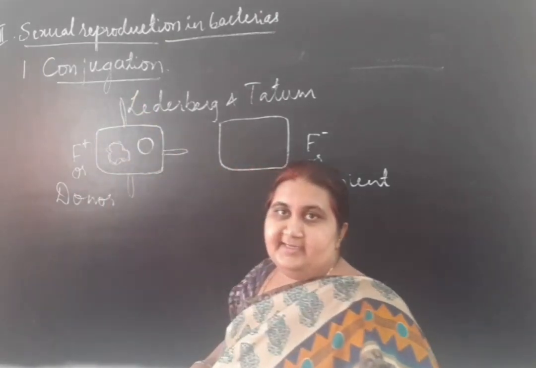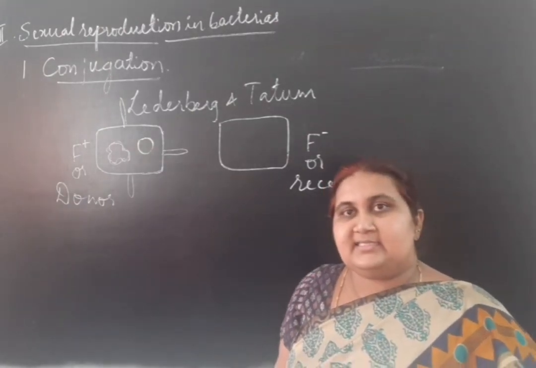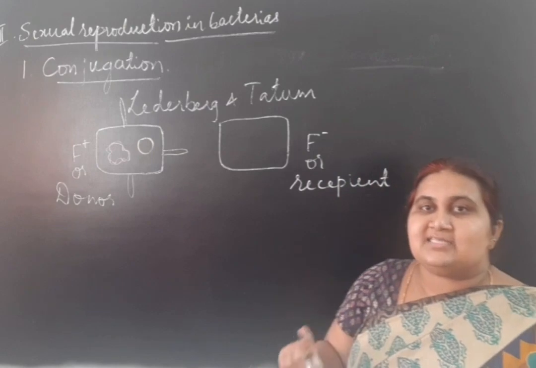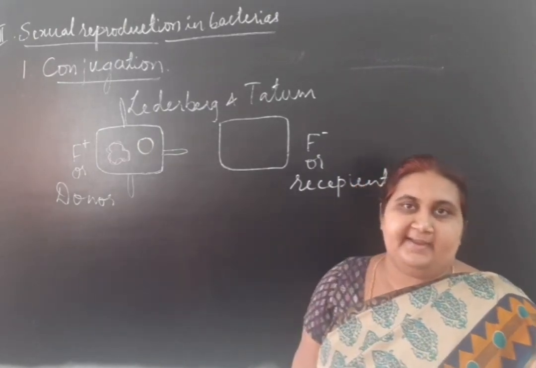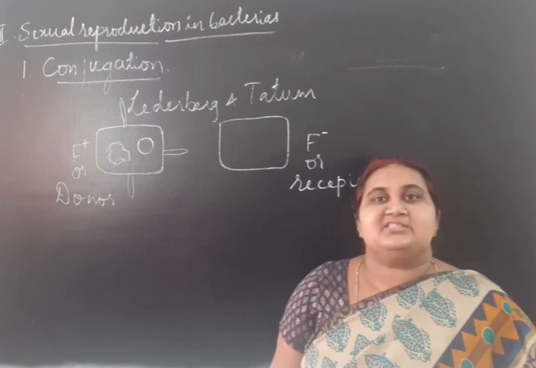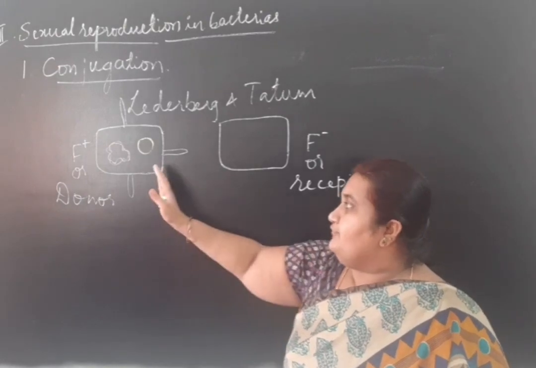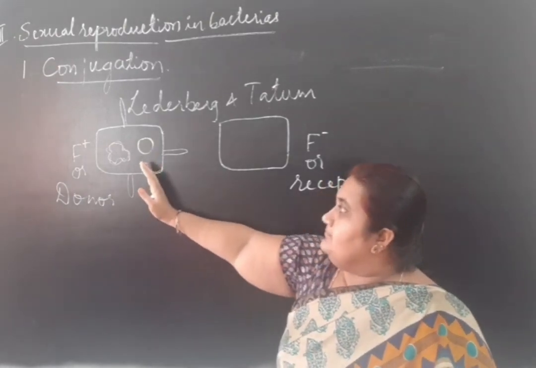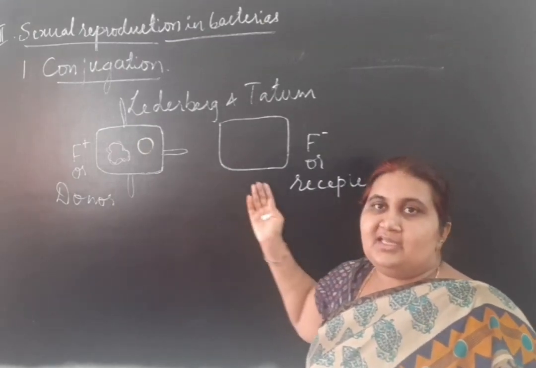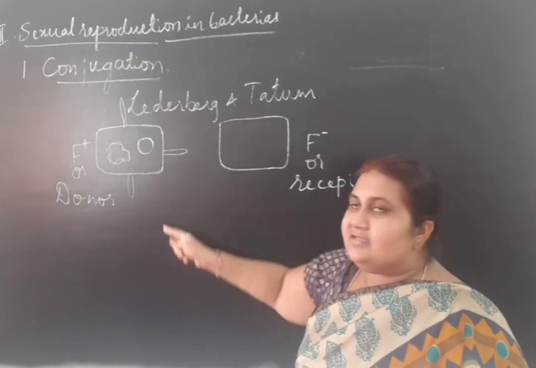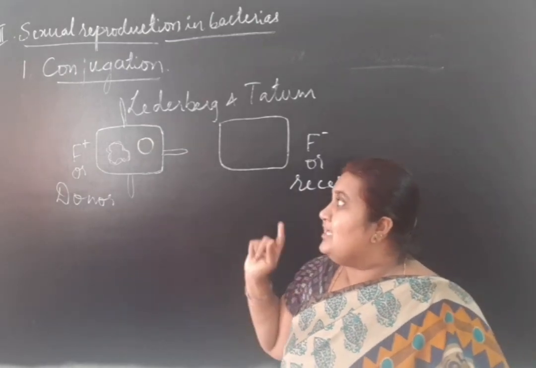So this plasmid has a gene for fertility, and that gene is responsible for the production of pili as well as the transfer of genetic material from this bacterial cell to another bacterial cell, from donor to recipient. These are the characteristic features of the donor or F plus bacterium.